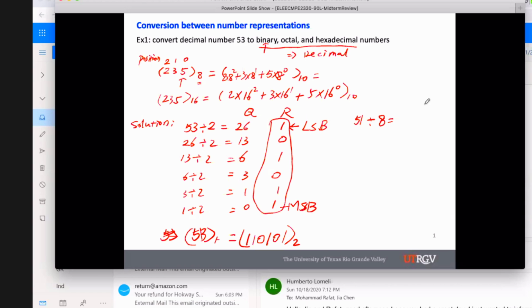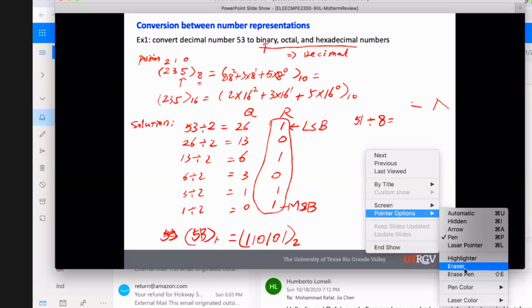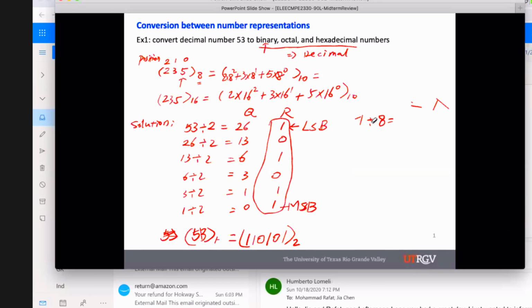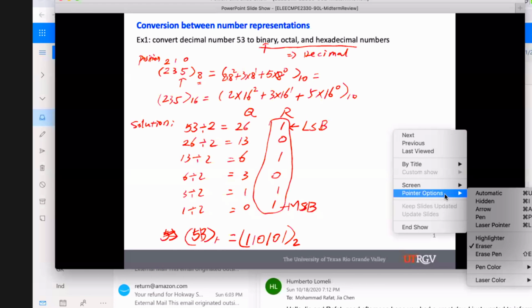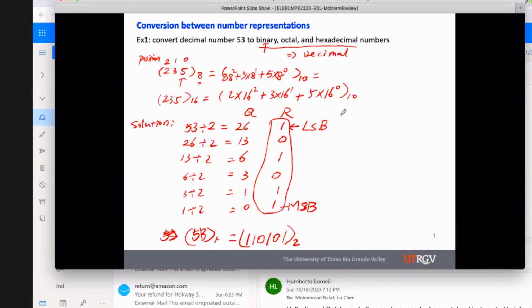Then you collect the Q and the R. We can do the similar thing to get the octal representation, which means this over 8.